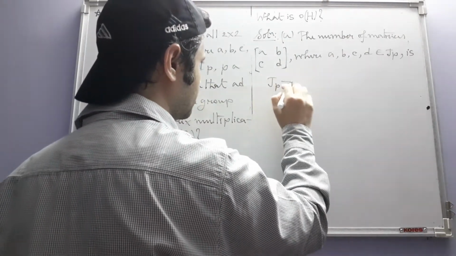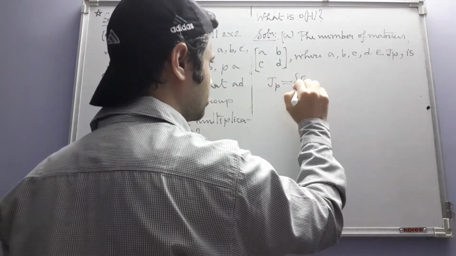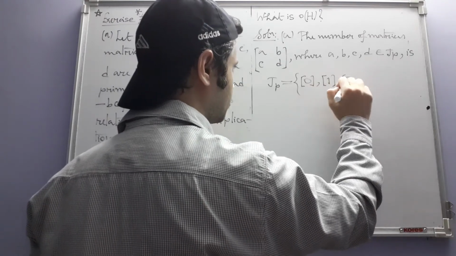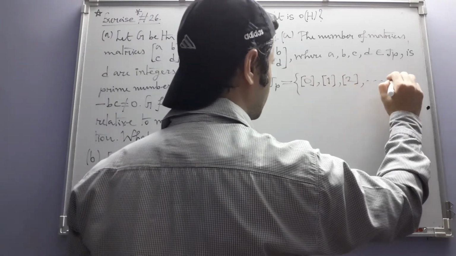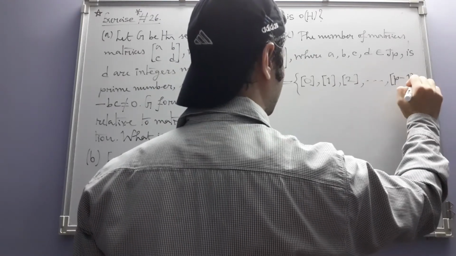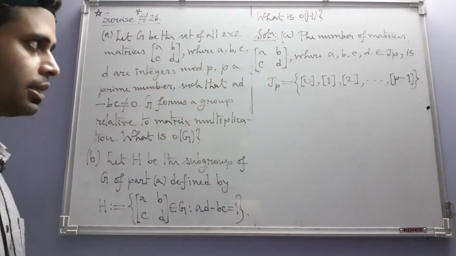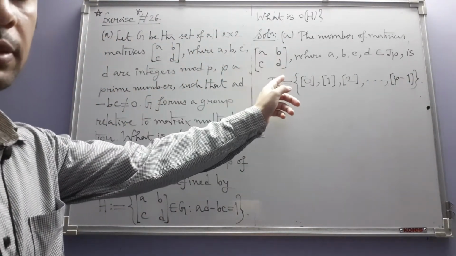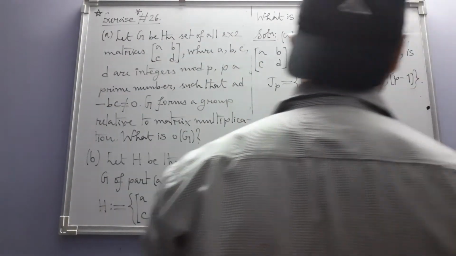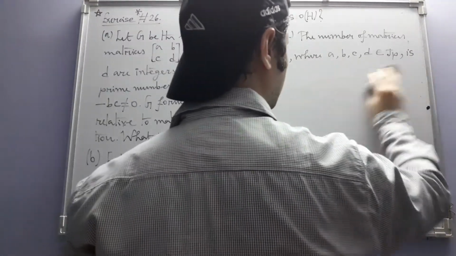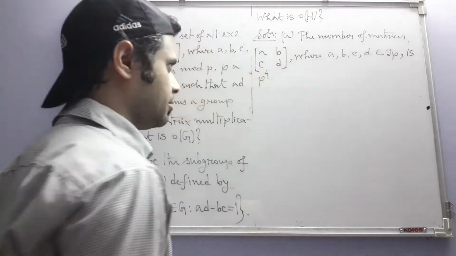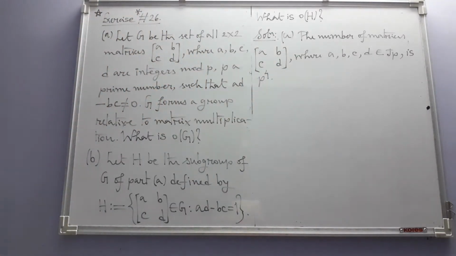Let's just write that also, just for the sake of seeing, like how we saw the other number systems. We don't know what P is, but it is some prime. So there are P choices for each of these entries. So the total number will be P to the power 4. This is almost immediate. However, now comes the difficult part.